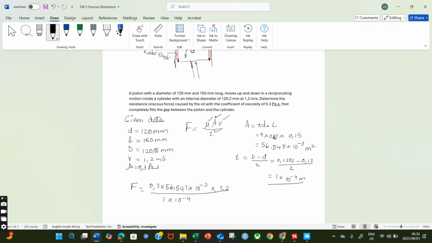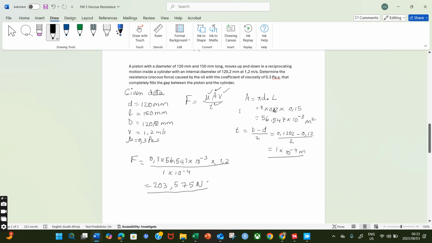When we calculate here, we get our viscous force to be 203.575 newtons. There we are. We've calculated the viscous resistance.